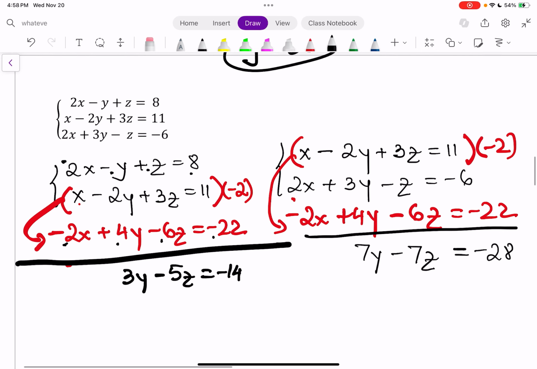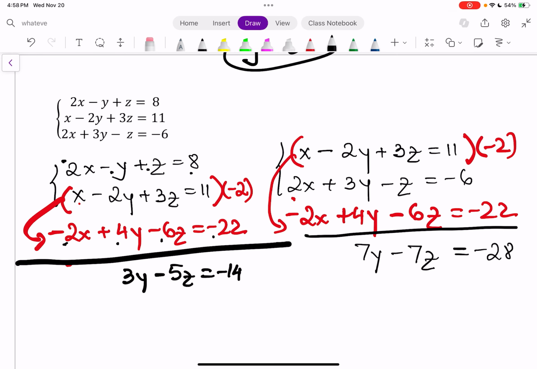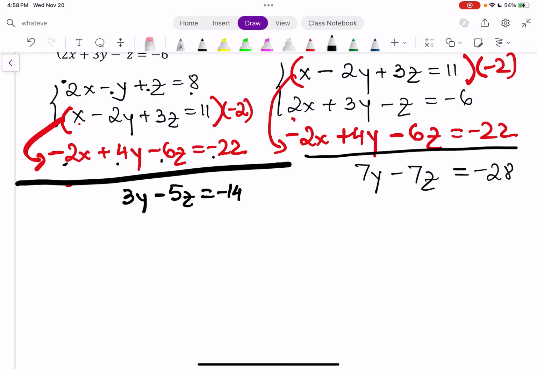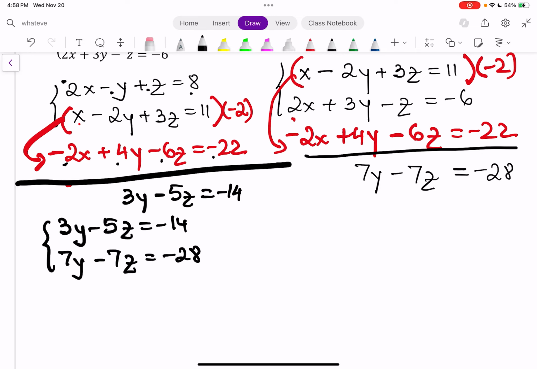Okay, so now I have 2 equations in the same 2 variables. I will put them together and finish solving this 2 by 2 system. Okay, so what can I do to get rid of either x or y?